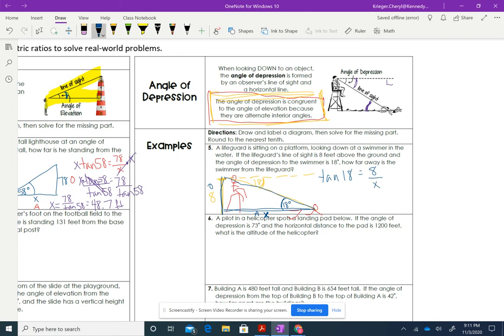Okay, and I'm not going to spend a lot more time solving this for you, but we do x equals 8 divided by tangent of 18. Okay, hopefully you're getting used to this, which is a number. So I'll get out my calculator.